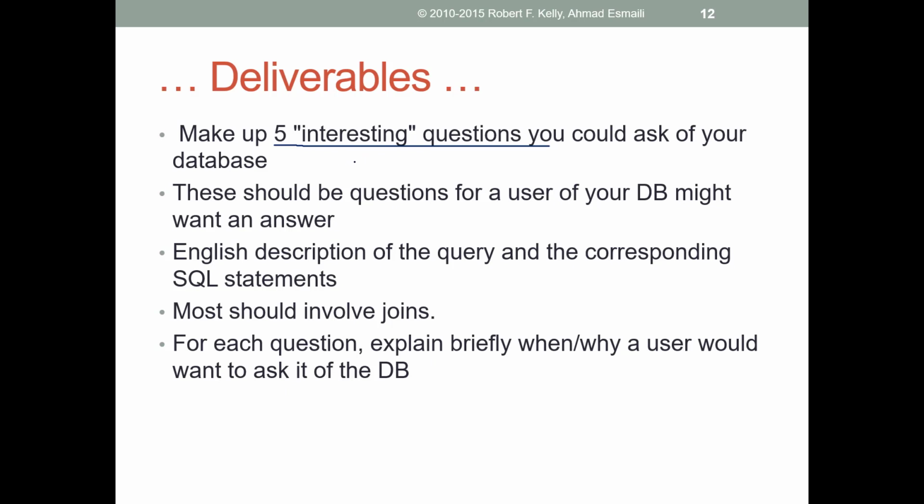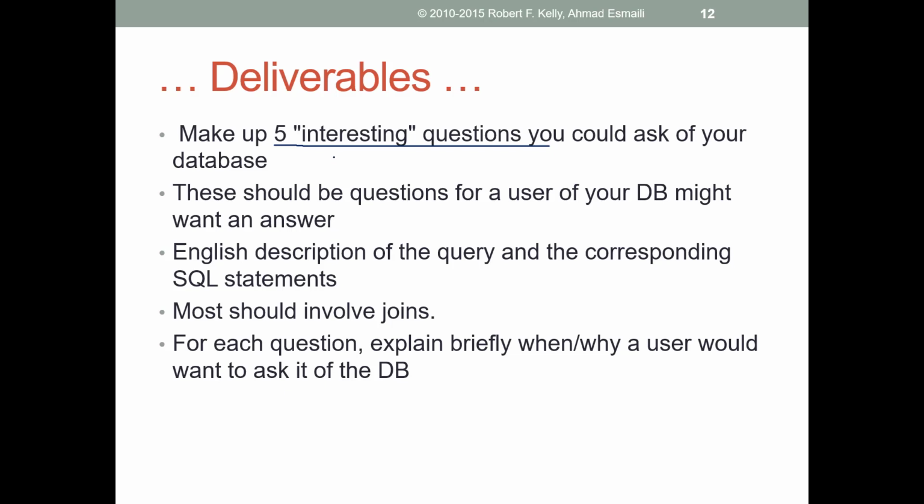As an example, if you're making your movies database, I'll say, can you give me the list of the top 5 movies over the past 10 years, something like that? So you need to think, can the database which I'm creating answer a simple query like this? Or list the movies with the highest earnings over the last 5 years, 10 years, and so on and so forth, right? So these are some interesting questions that you have to come up with, and the questions should look interesting.